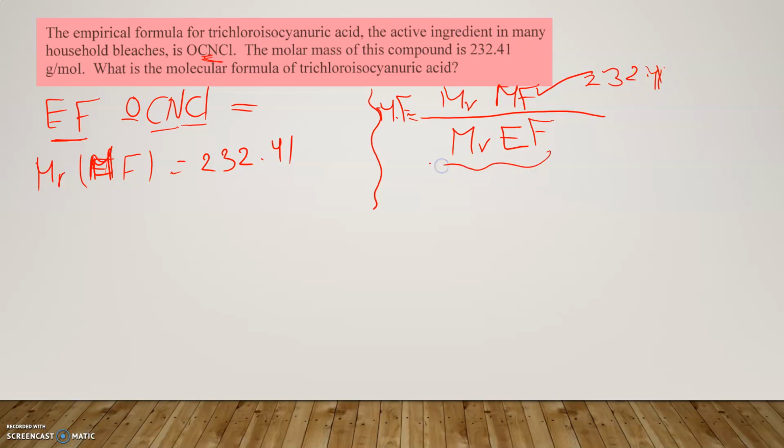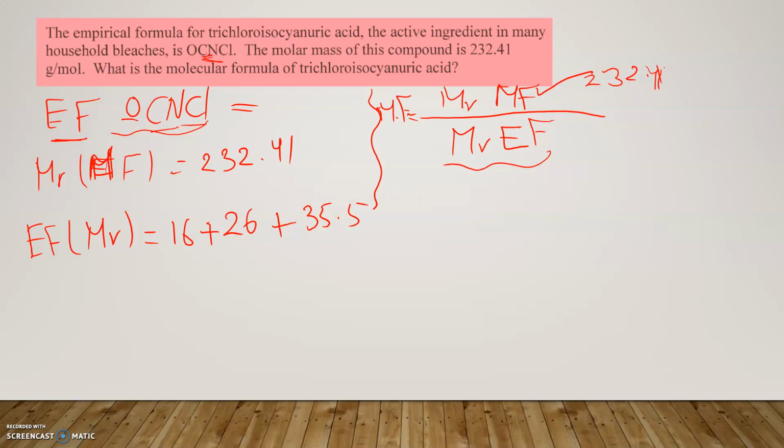And this one you have to calculate, and it's easy because you already have the elements. We have one oxygen, so it's 16. Cyanide is 26, yes, 26, plus chlorine 35.5.